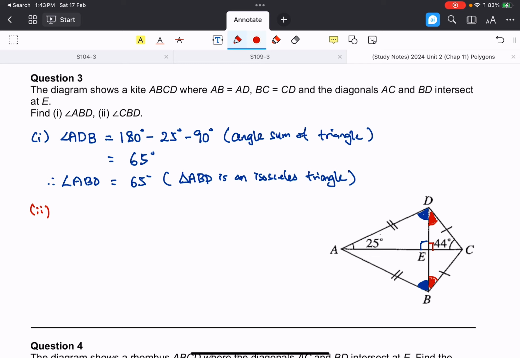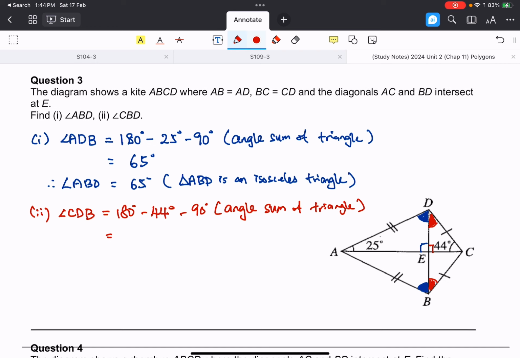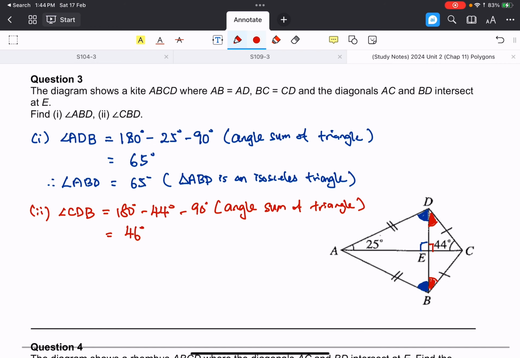Angle CDB is equal to 180 degrees minus 44 degrees minus 90 degrees because of angle sum of triangle, right? And we know that it's a right-angle triangle. So this works out to be 46 degrees.